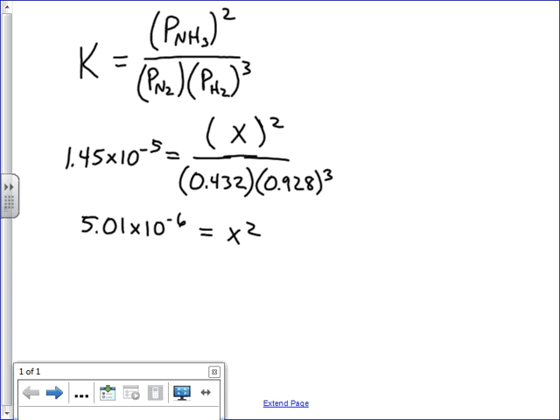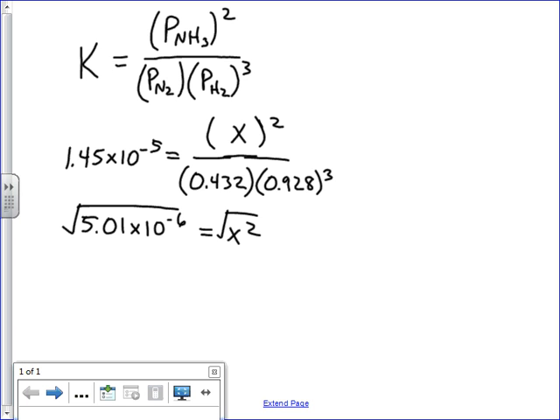So everybody with me so far on that? Okay, so then how do I solve for x? Just take the square root of both sides. Now, technically, in math, when we take the square root of both sides, you get two answers, a positive answer and a negative answer. The negative answer doesn't make a whole lot of sense in this particular instance because that's going to give us a negative pressure.